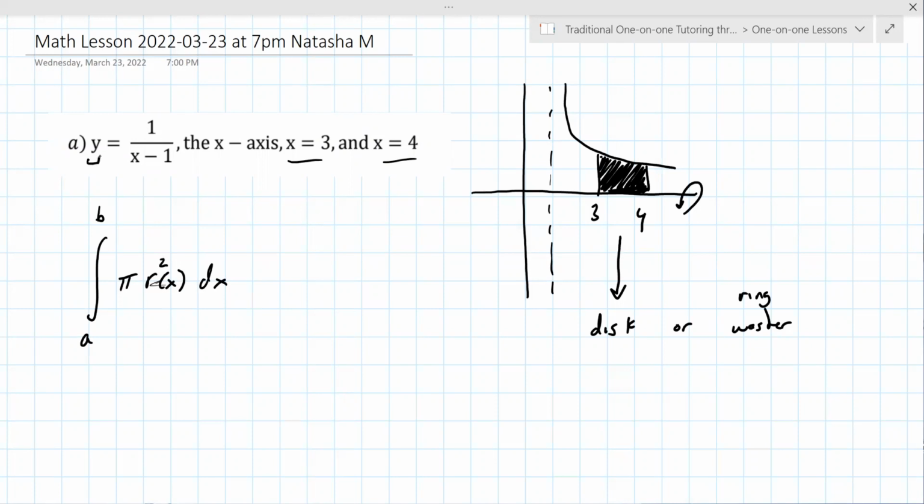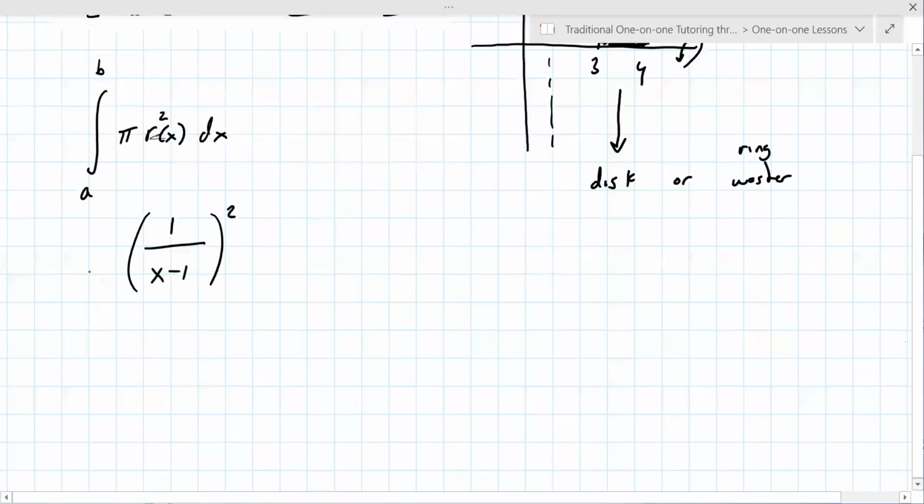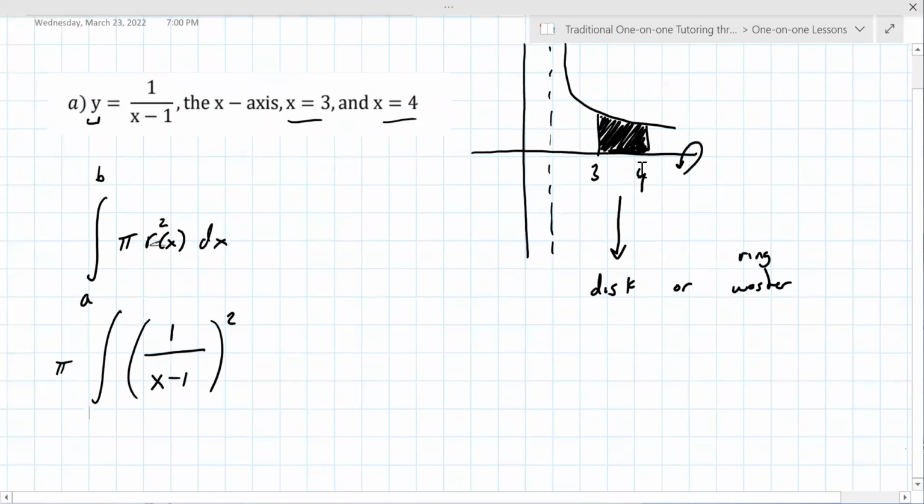So we're substituting in for r this 1 over x minus 1 squared. Okay. And then the pi I'll bring to the outside, and then your limits of integration are whatever the limits are along here, which is from 3 to 4, and then dx.